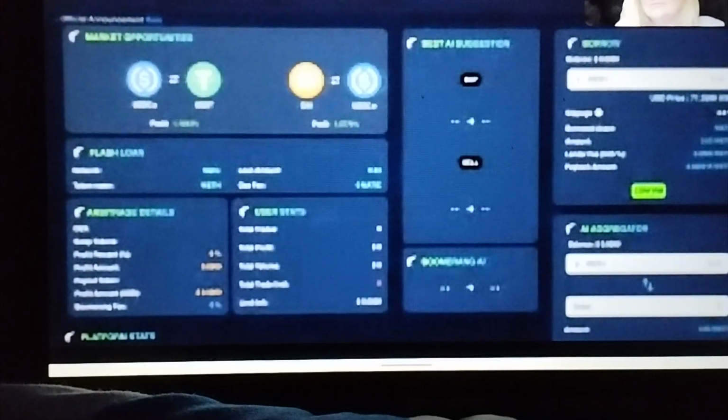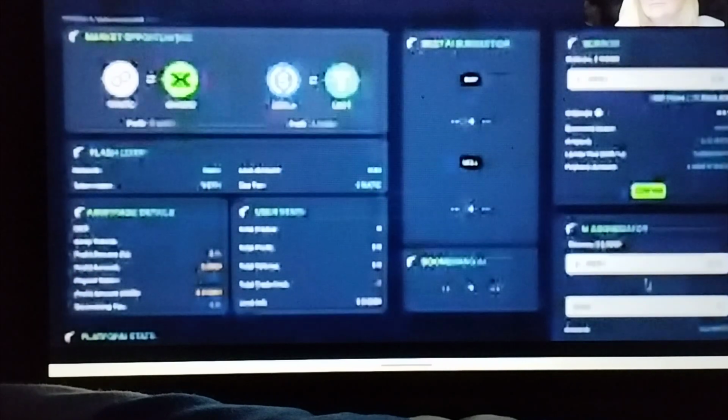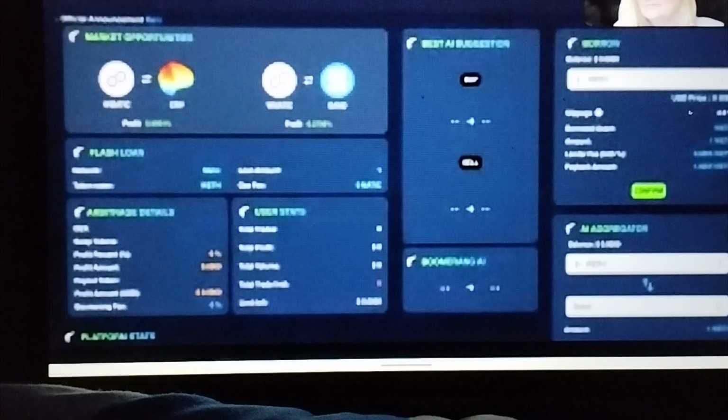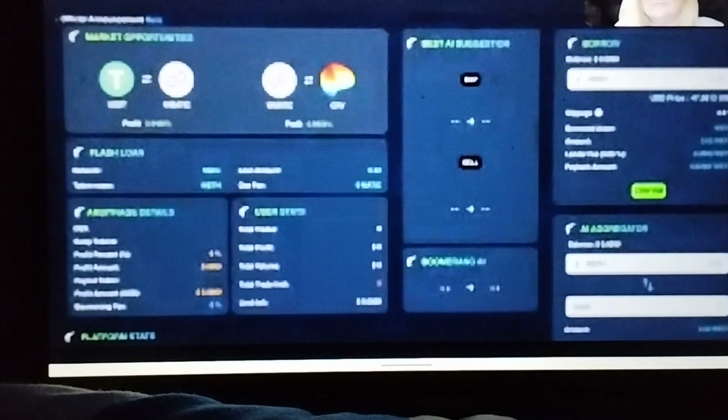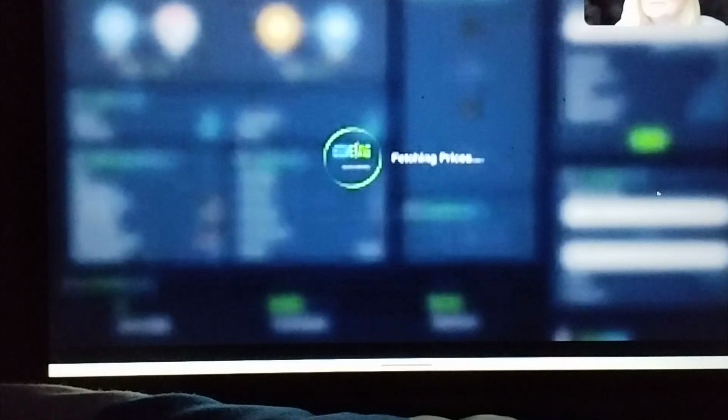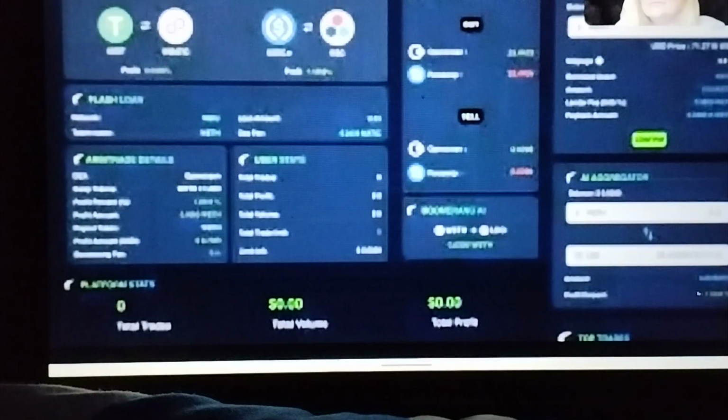If you put in one here, you're working with a lot of money. So I do 0.02, $47. Let's do 0.03, $71. I think that's good. And then it was LDO, and we're looking for LDO. We see it here, and the trade is still available. You see 1.03, I think is good.